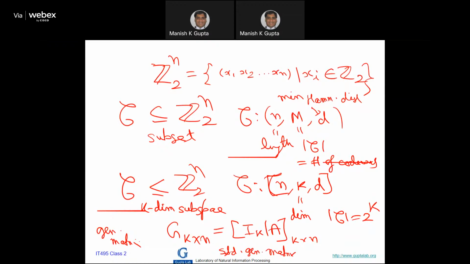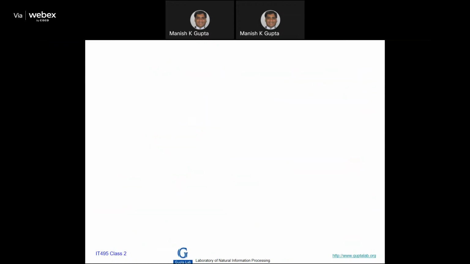Now we can also describe a linear code by a matrix known as the parity check matrix. A matrix of size N minus K cross N is known as a parity check matrix.